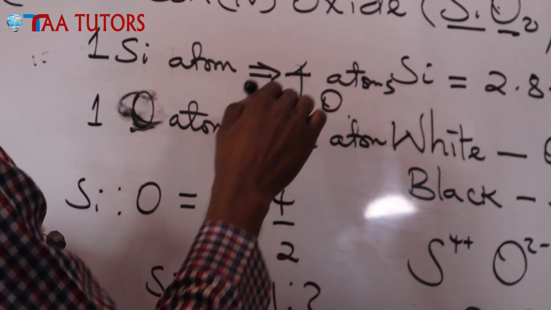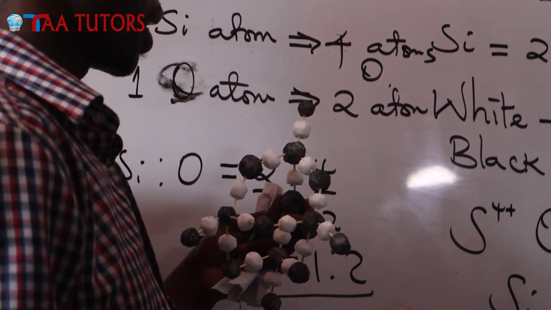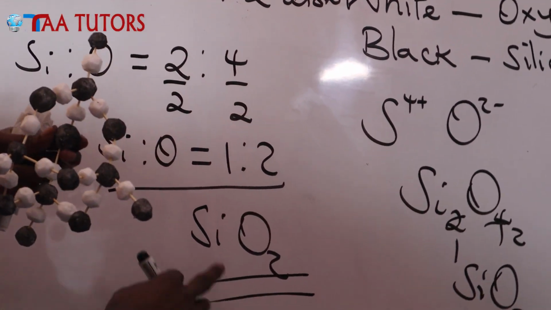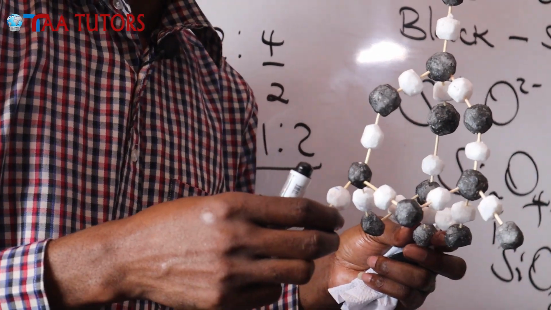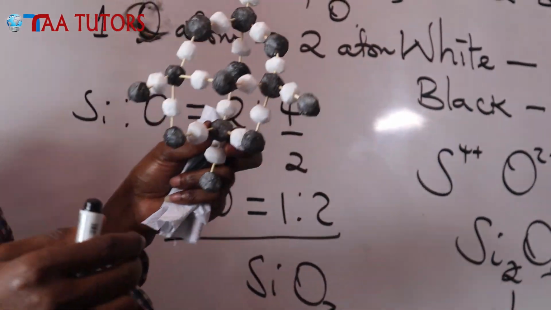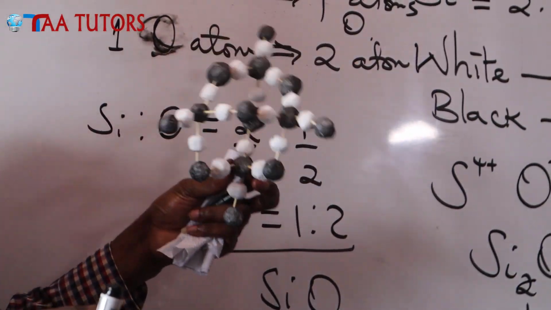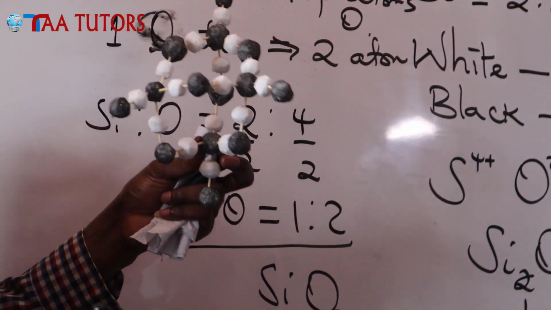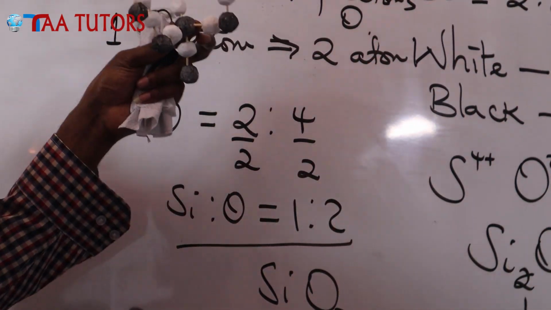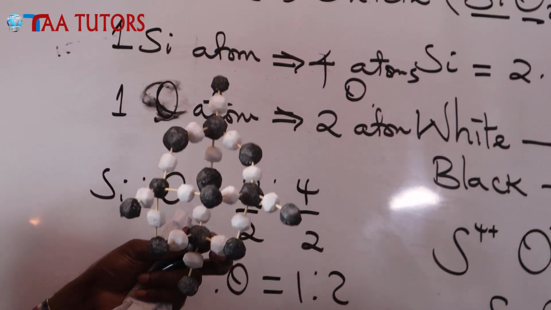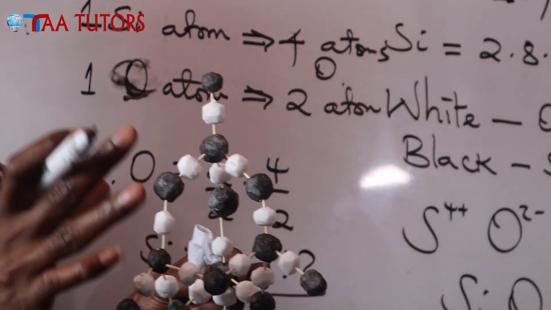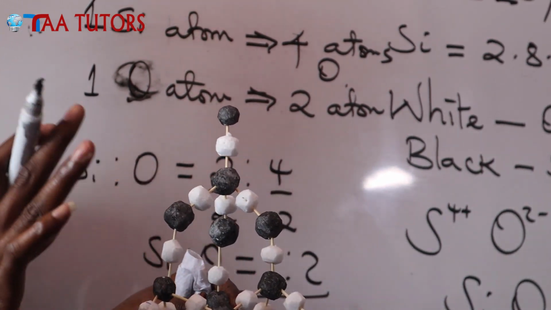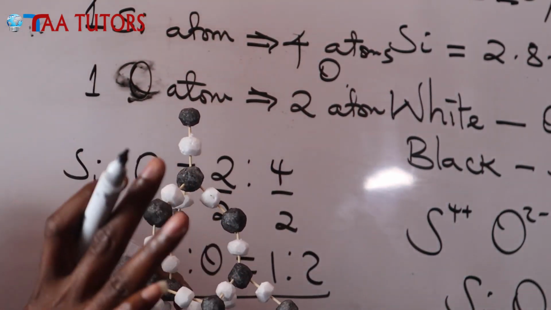So by comparing those 2 ratios, you get to know what we have been explaining here. Now, this structure almost resembles that of diamond. And that's why both of these substances have a very high melting point, because silicon oxide and diamond are almost the same. The only difference is that this one is made up of both silicon and oxygen atoms, while diamond is purely one type of element, which is carbon only.